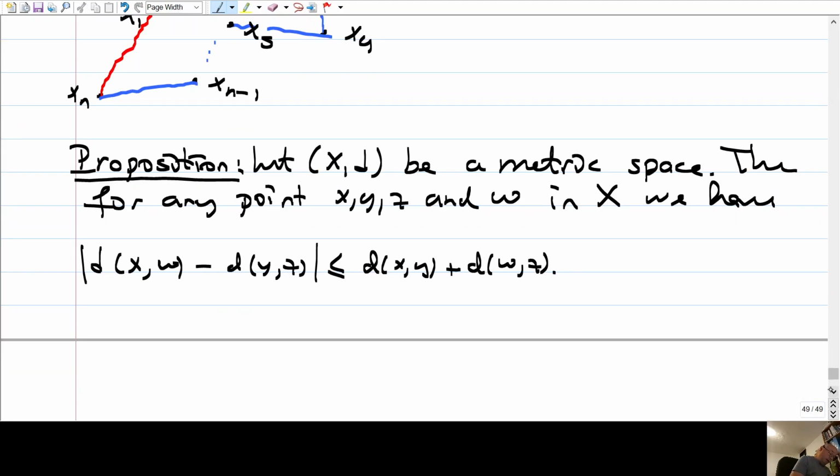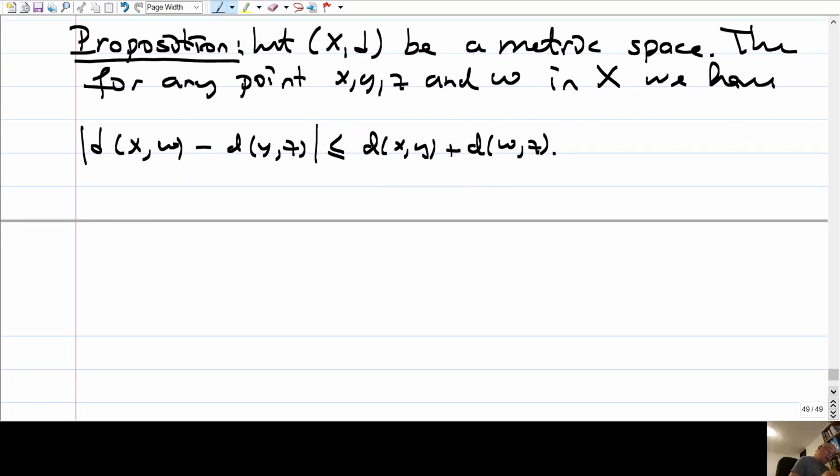Again, this will be an easy consequence of the triangle inequality. Let's see the proof. Well, let's look at the distance. We will use the above proposition. I have 4 points, right? x1, x2, x3, x4, and I can write this.